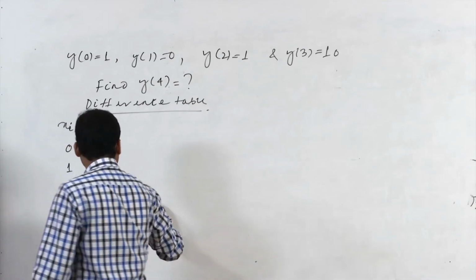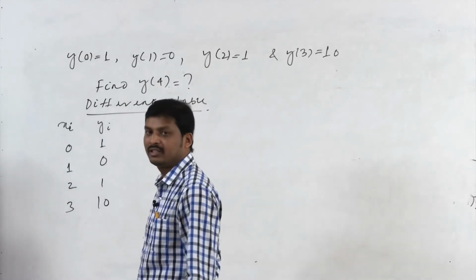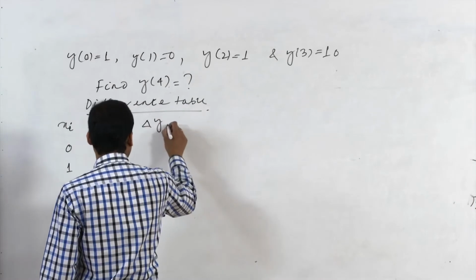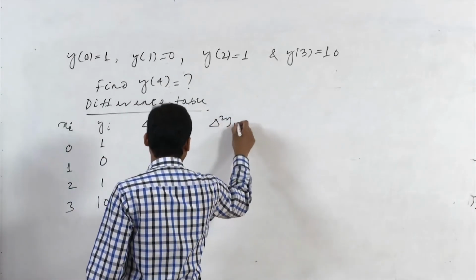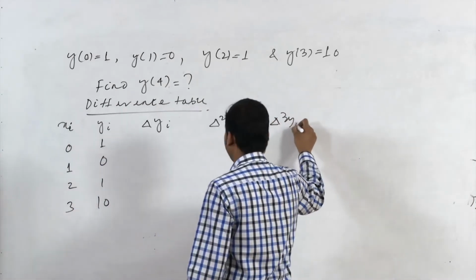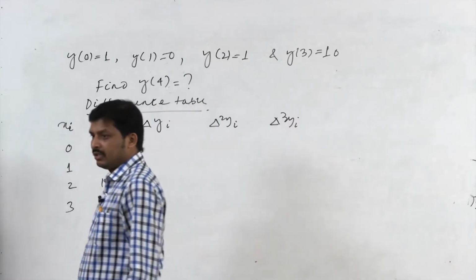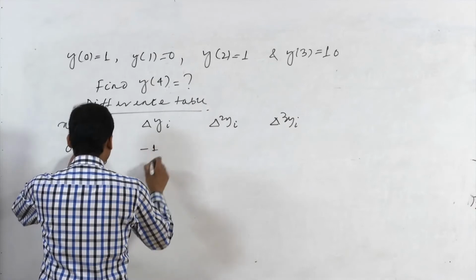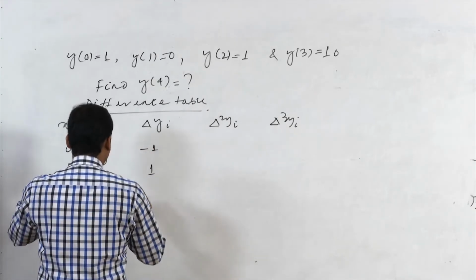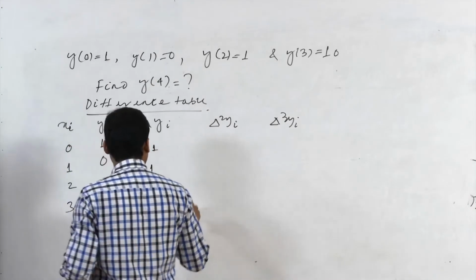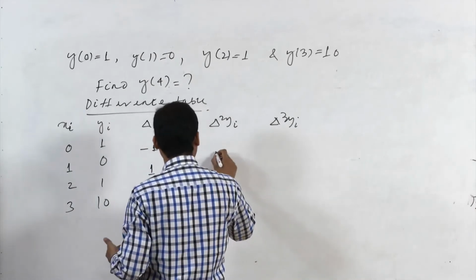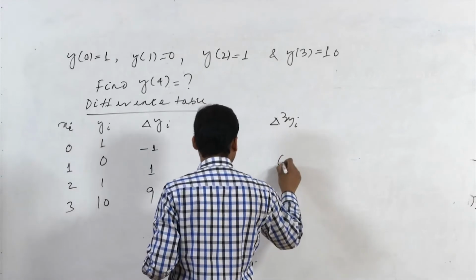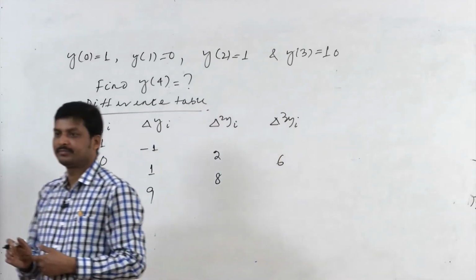Finding the forward differences, we write del yi, del square yi and del cube yi. The first differences are minus 1, 1 and 9, the second differences are 2 and 8, and the last tabular value is 6.